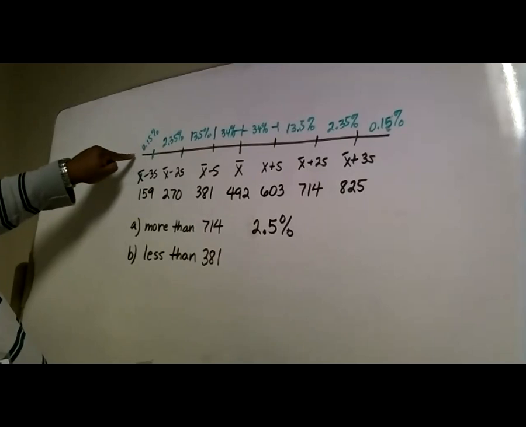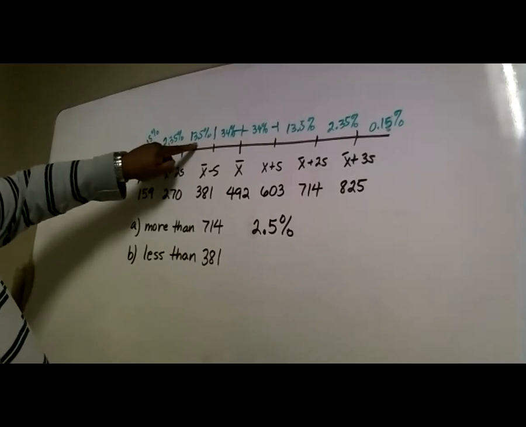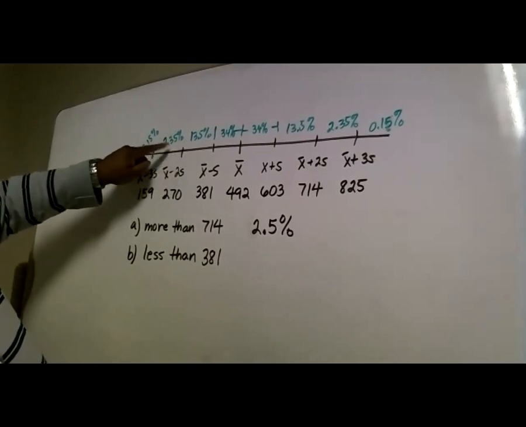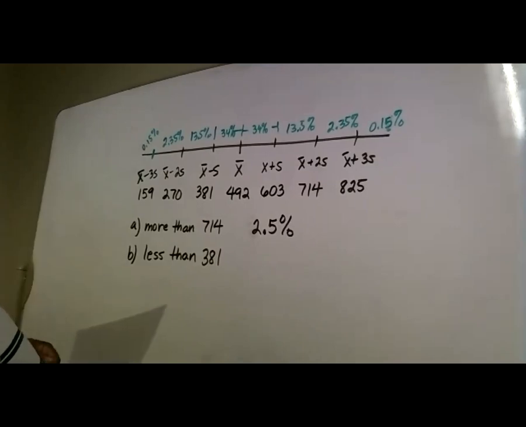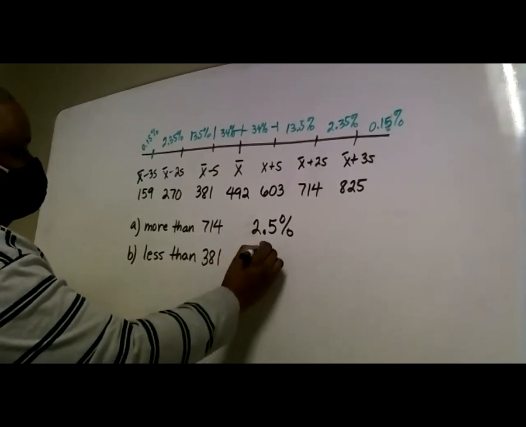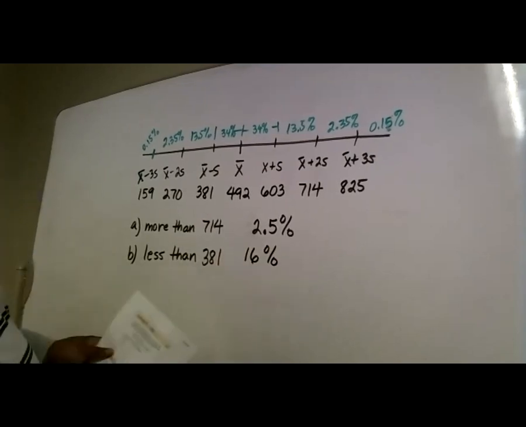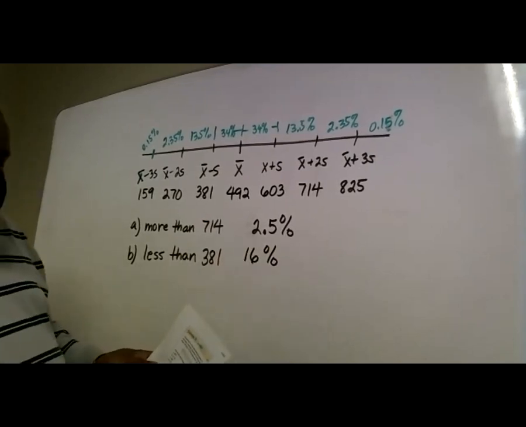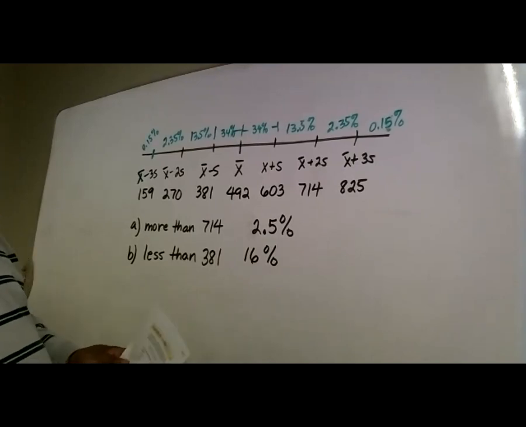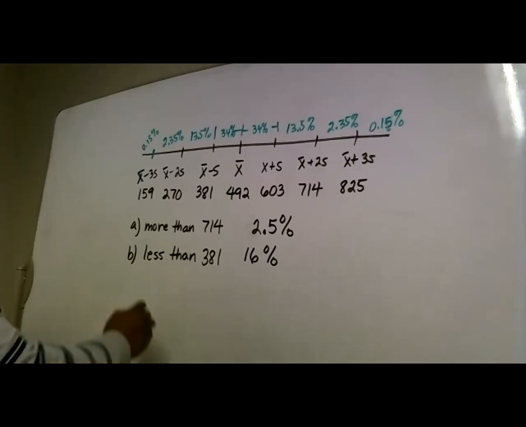That's these percentages right here: 13.5%, 2.35%, and 0.15%. What would that equal to? 16%. Meaning 16% of the students had an SAT score less than 381.